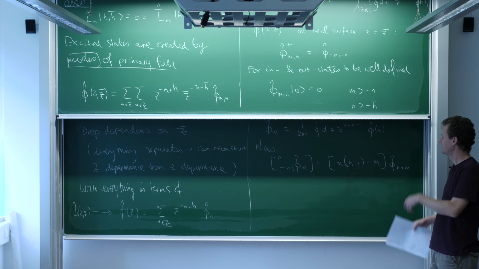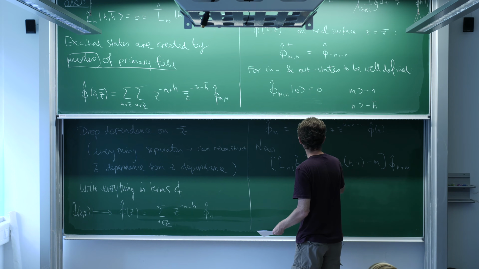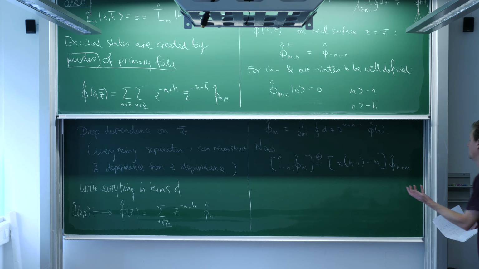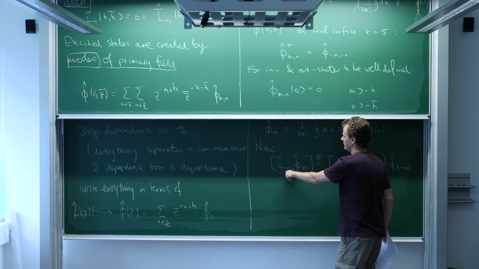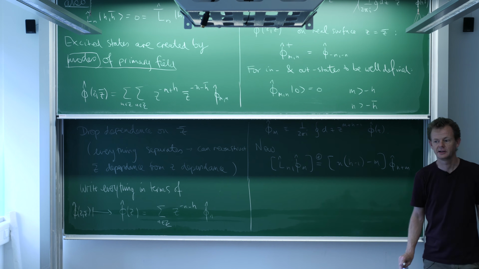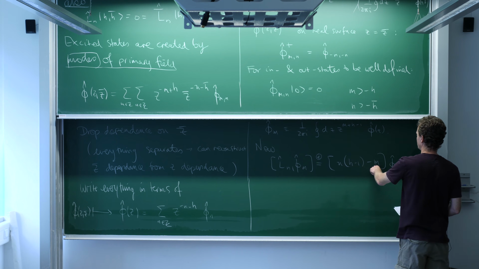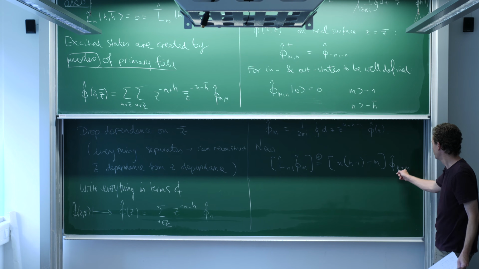So, putting this together with the help of this equation star, we can work out the commutator of one of these modes with a Virasoro generator: [Ln, phi m] equals n times (h minus 1) minus m, times phi n plus m.